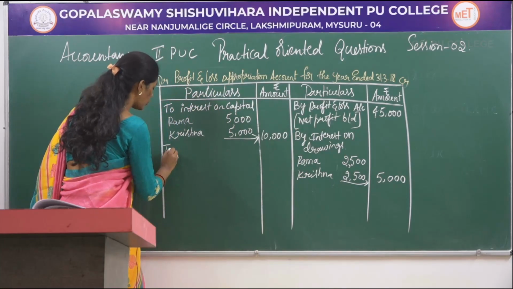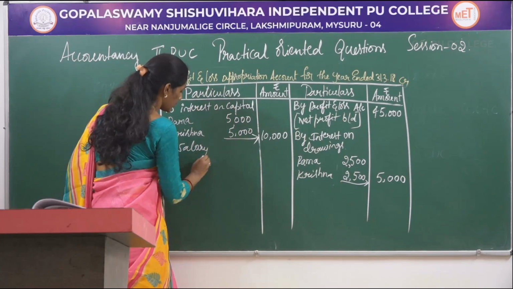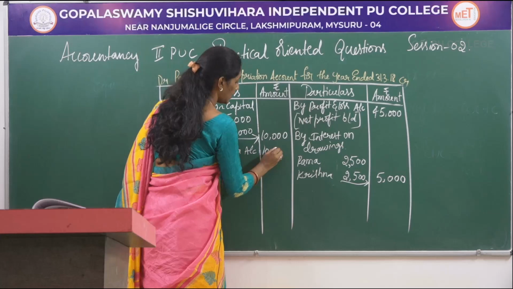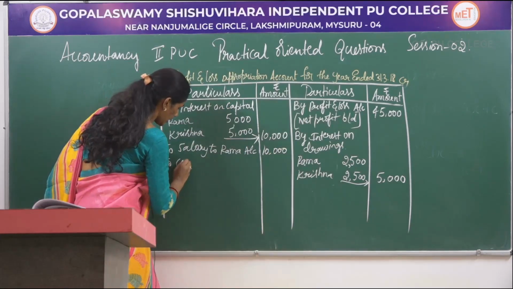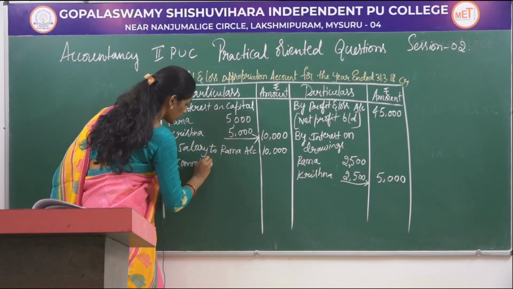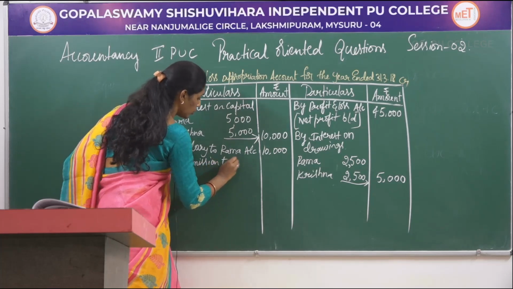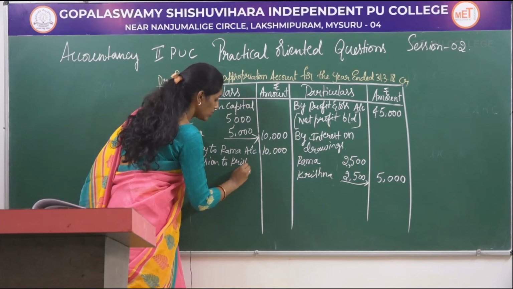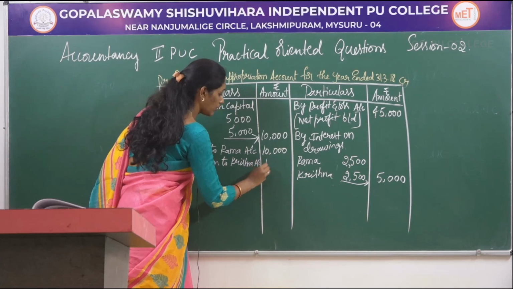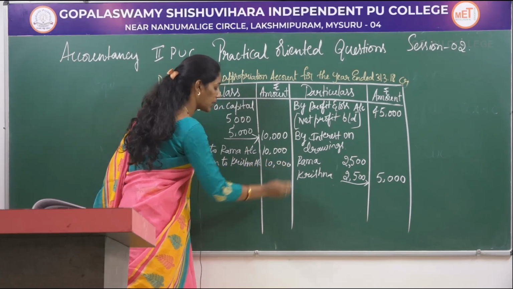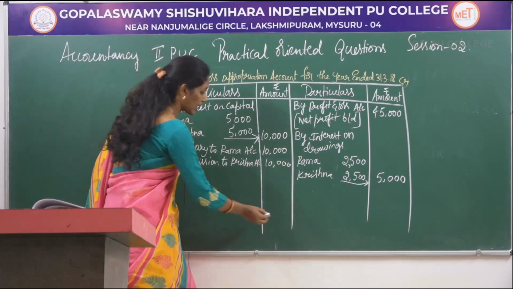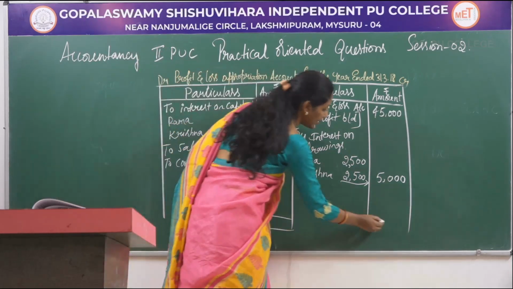Next, to salary to Rama account 10,000. To commission to Krishna account, take same 10,000.